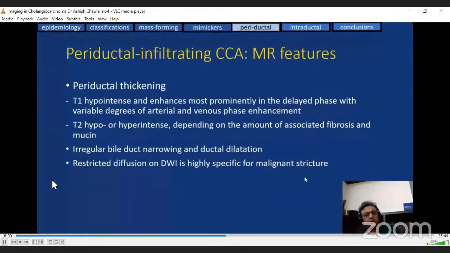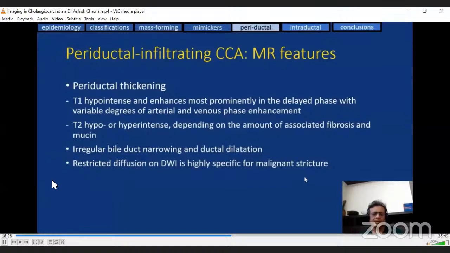The MR feature is of periductal thickening, which is hypointense on T1, shows progressive enhancement, a typical signature imaging feature of cholangiocarcinoma, and is hyperintense on T2 weighted images. They are usually associated with ductal dilatation and ductal narrowing. That actually draws your attention towards the mass, the presence of ductal dilatation.